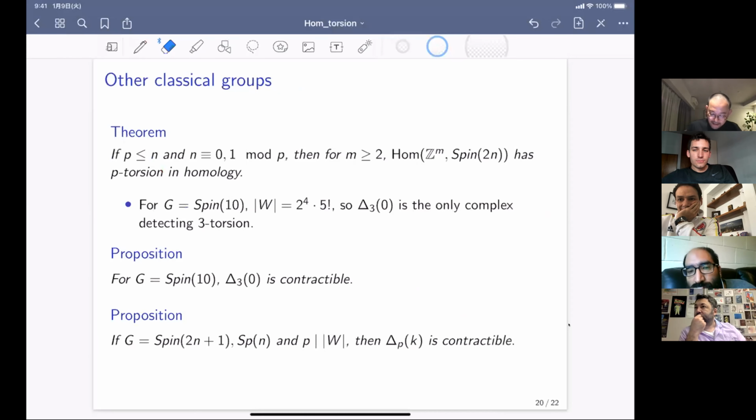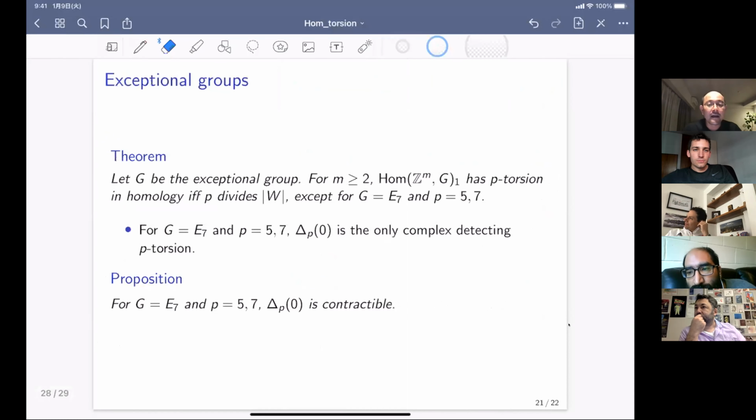So what about the exceptional case? Here we are lucky, because except for 2 cases, our technique works. So except for E7 with P being 5 or 7, Hom(Z^m, G)_1 has P torsion in homology for all possible P when G is an exceptional Lie group.